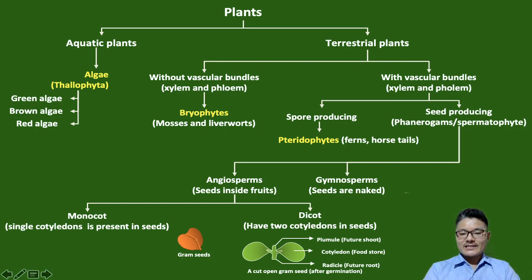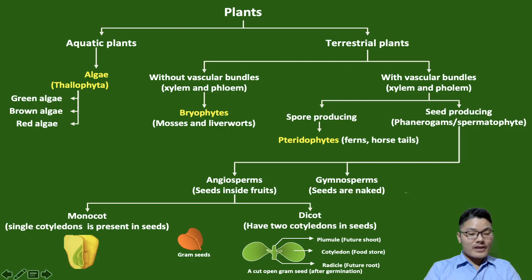So in seeds, after germination, these different parts are seen in the case of dicots. Dicots have two cotyledons, which are food for the germinating or growing seedling. On the other hand, say for example, the seed of maize.